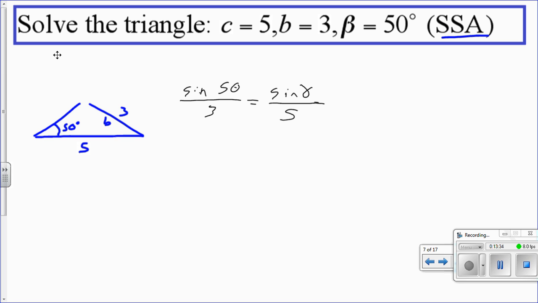So when I multiply this out, I get sine of lambda is equal to 5 times sine of 50 degrees divided by 3.